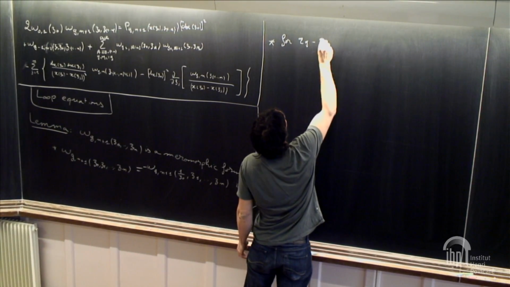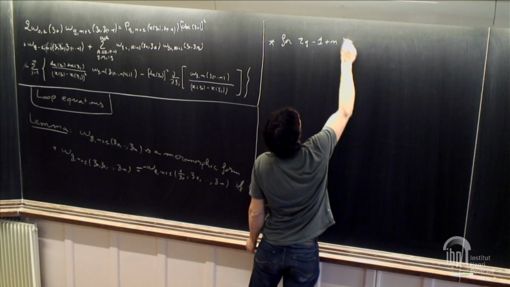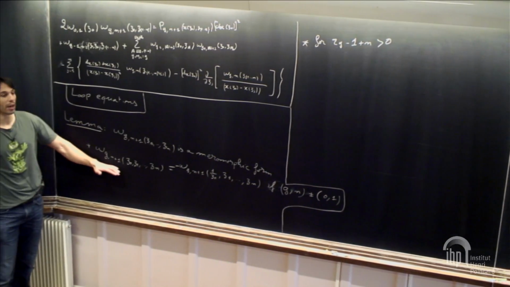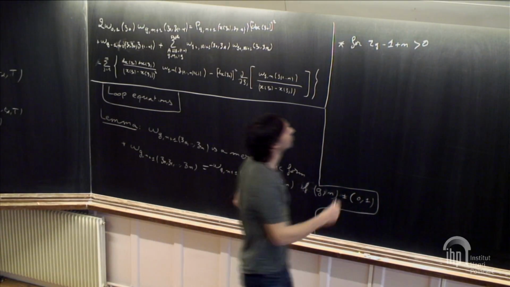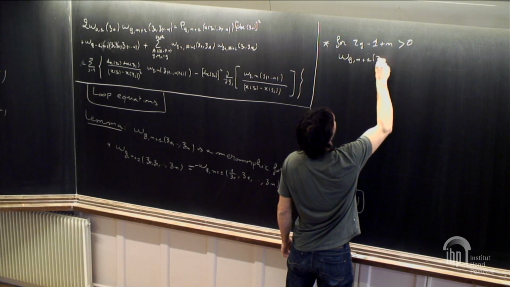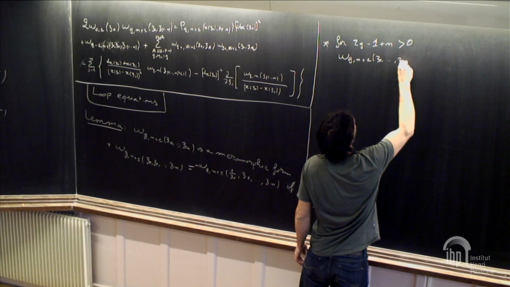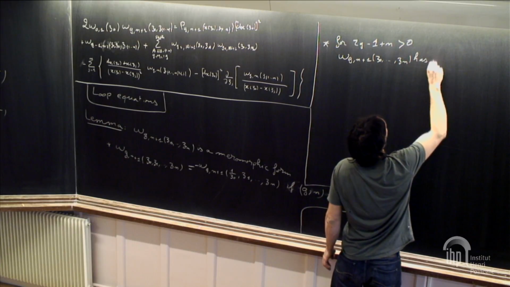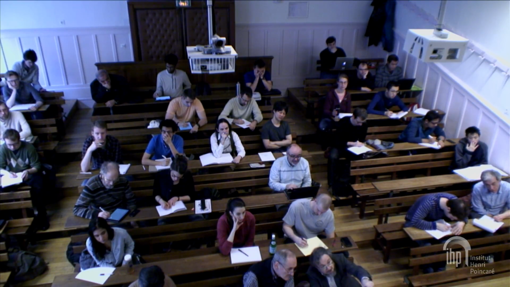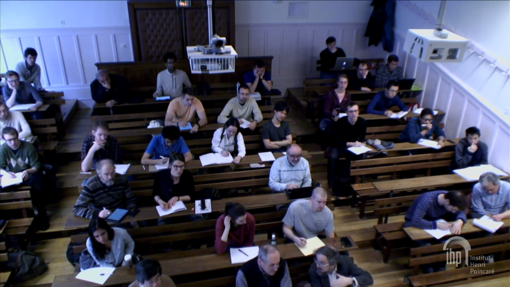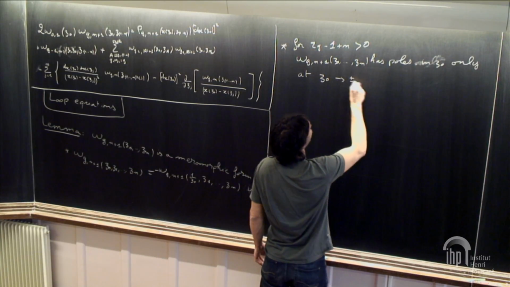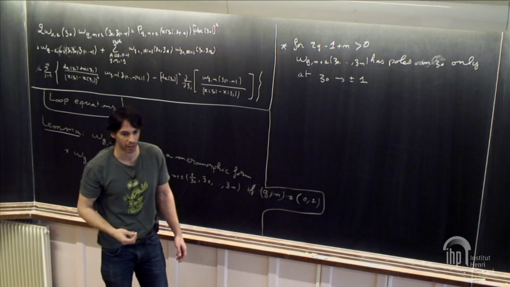For 2g minus 1 plus n strictly positive, so meaning except for omega 0,1 and omega 0,2, omega G,n+1 of z0 to the n has poles in z0 only at z0 going to one of the branch points of my curve, plus or minus 1.